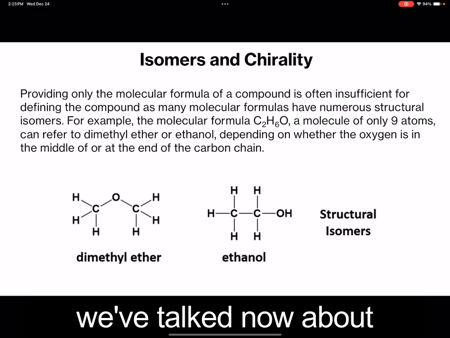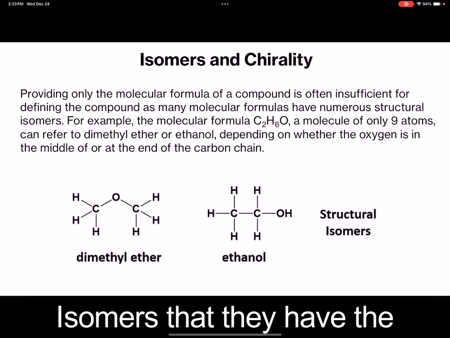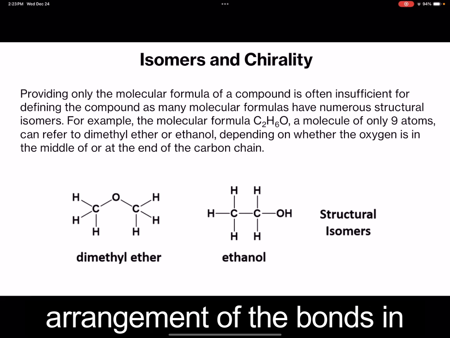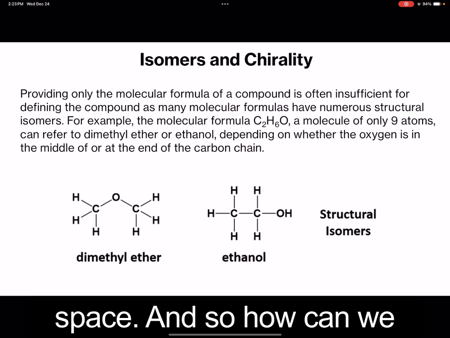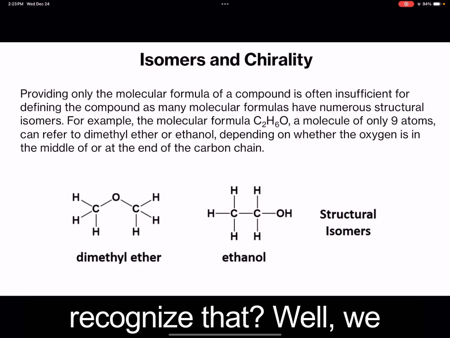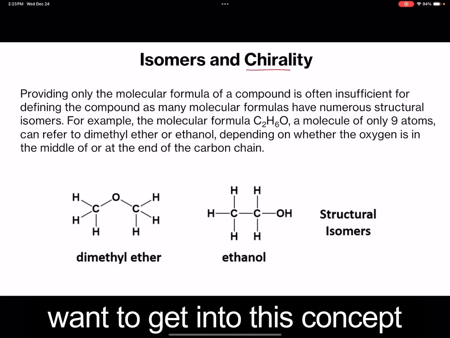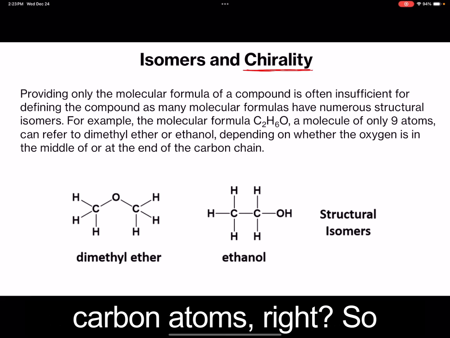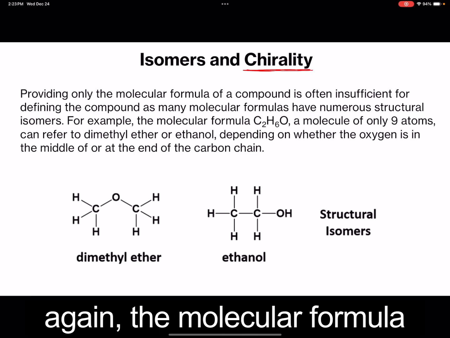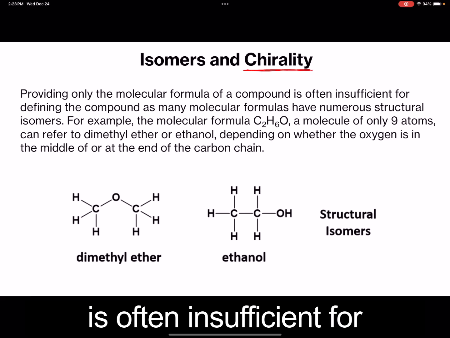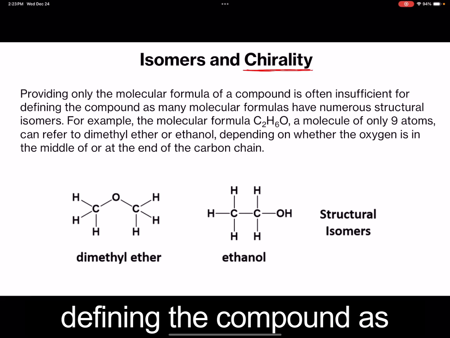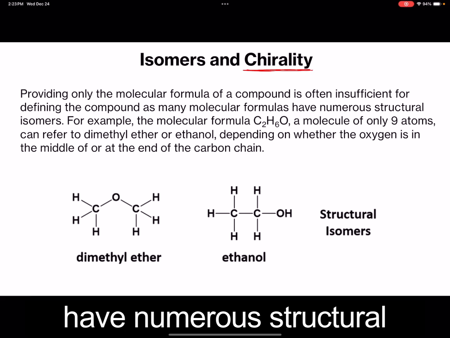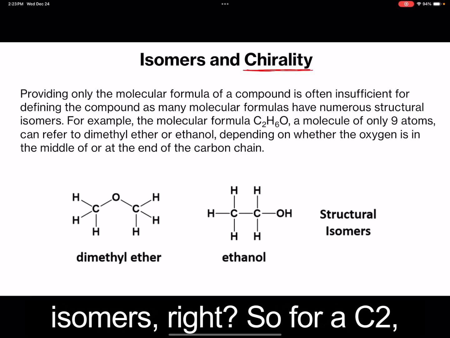Okay, so we've talked now about isomers, that they have the same molecular formula but a different arrangement of the bonds in space. How can we recognize that? Well, we want to get into this concept of chirality, especially for our carbon atoms. Again, the molecular formula is often insufficient for defining the compound, as many molecular formulas have numerous structural isomers.